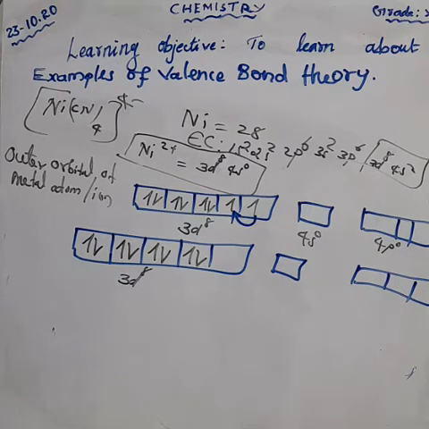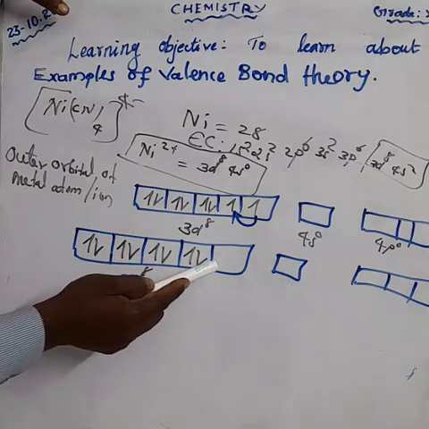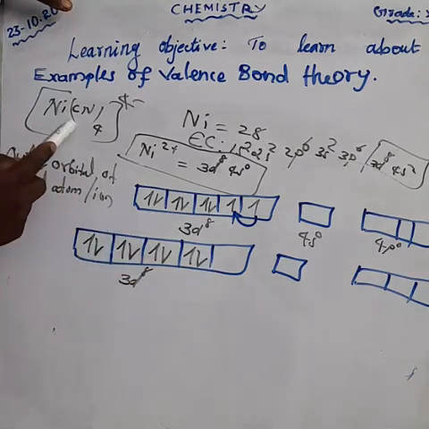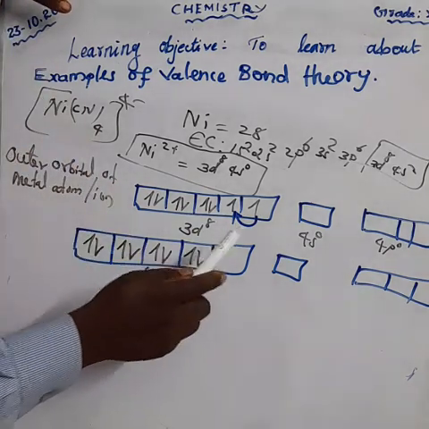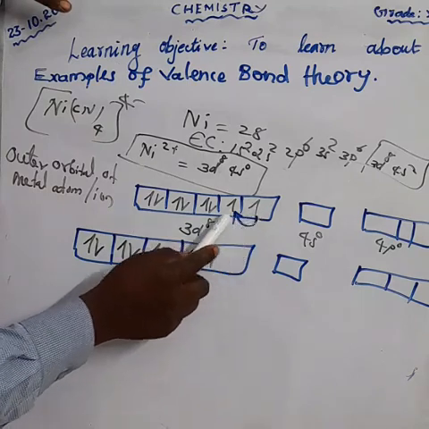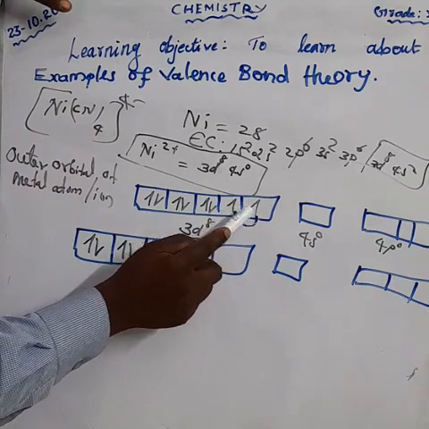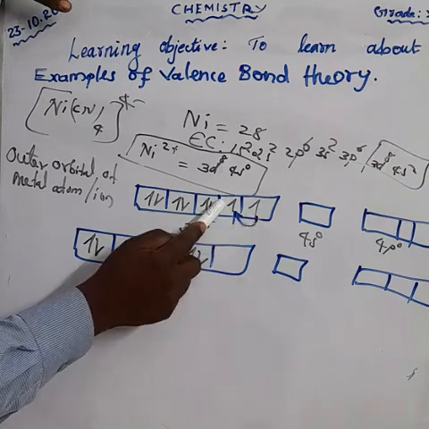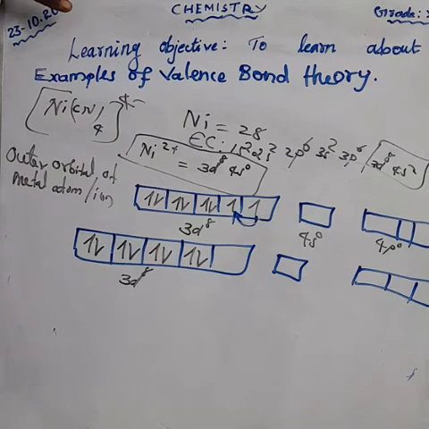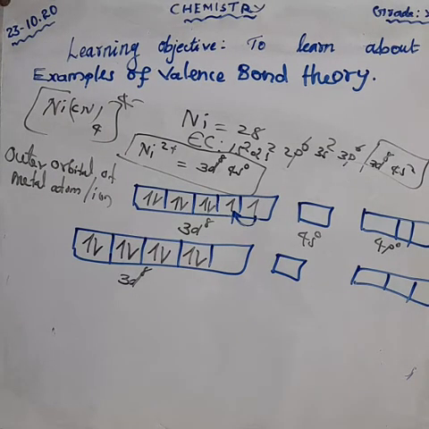Now the next step is to find out the coordination number and also the hybridization. The cyano group is a powerful ligand, and this powerful ligand causes pairing in the d subshell. Here there are 2 singly filled electrons, and they should be paired because it is a cyano group. Only with cyano groups does maximum pairing take place.